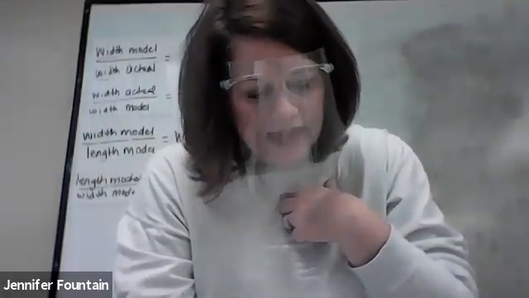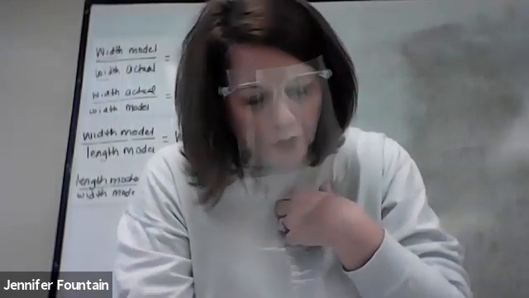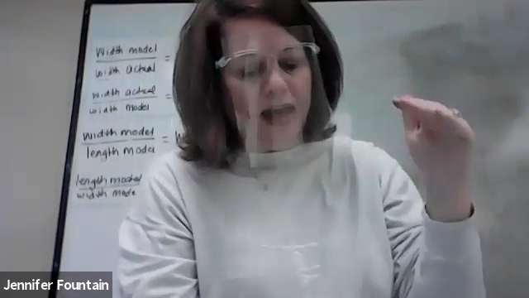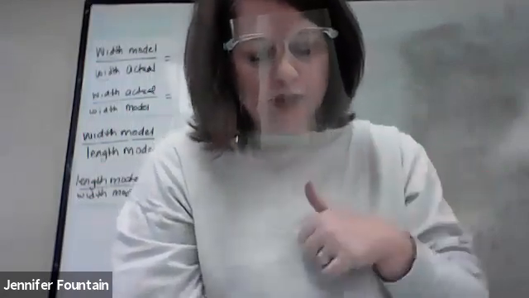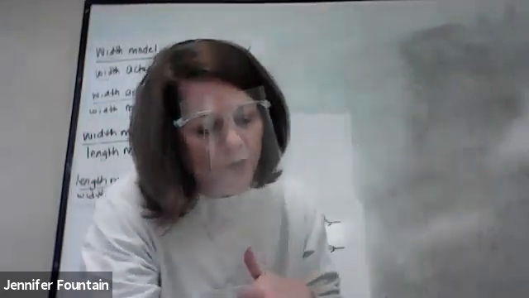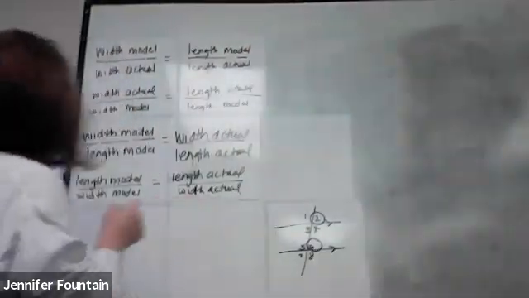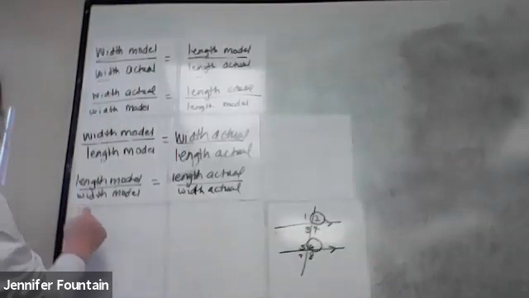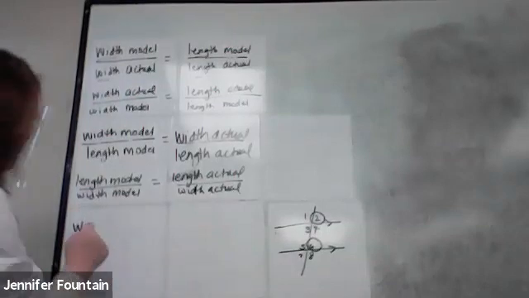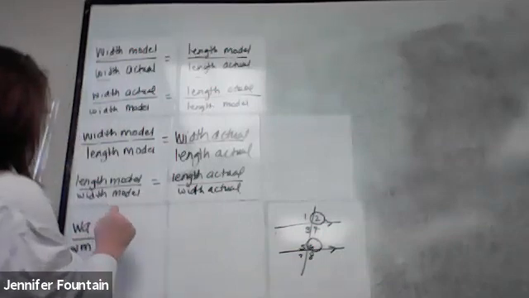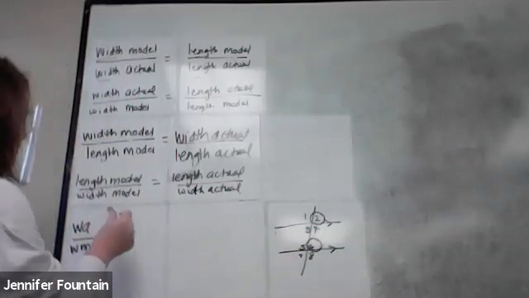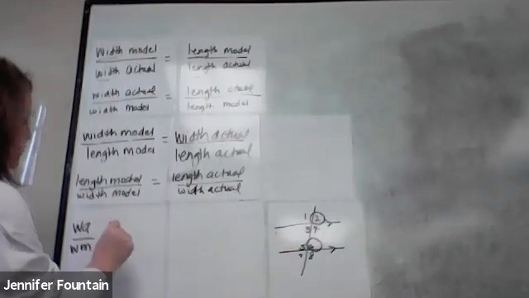So I'm going to end up with X over 11.25, because I've got width of actual over width of model is equal to the length of the actual, which is 882.75, over 107.5. They said width of actual over width of model is equal to length of actual over length of model.